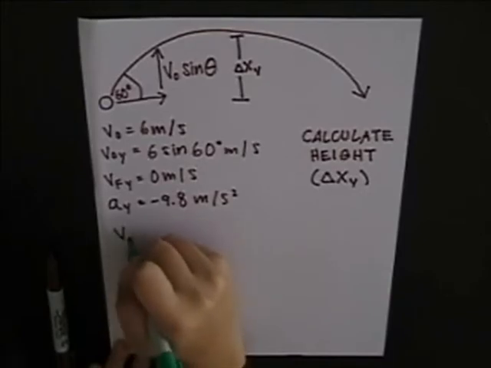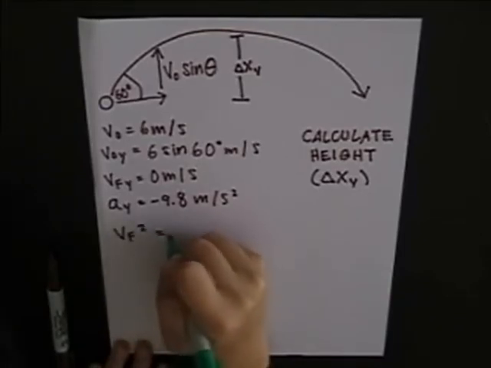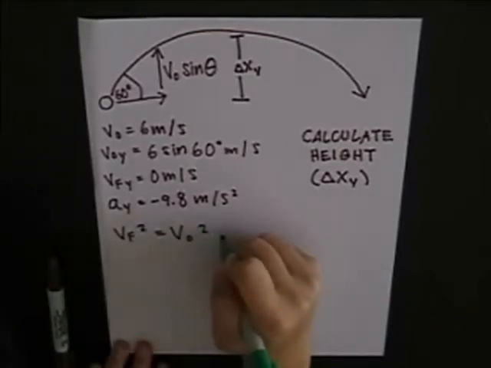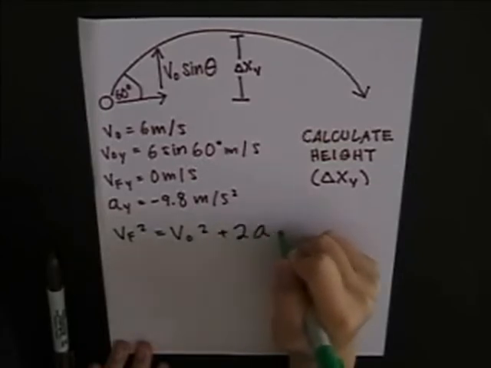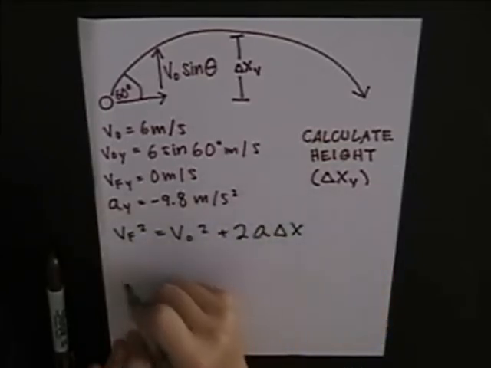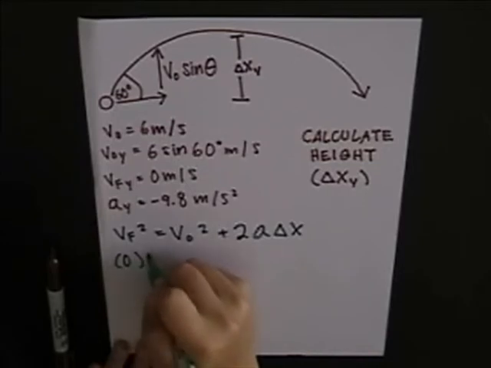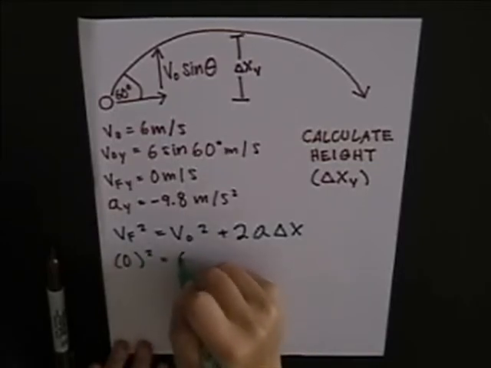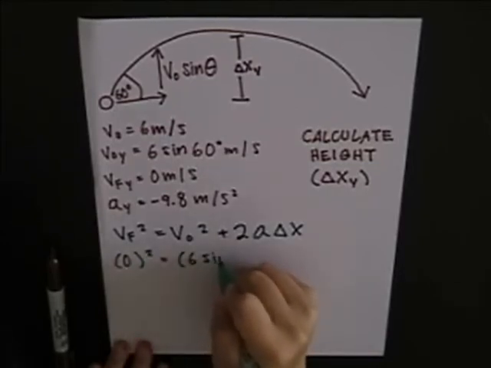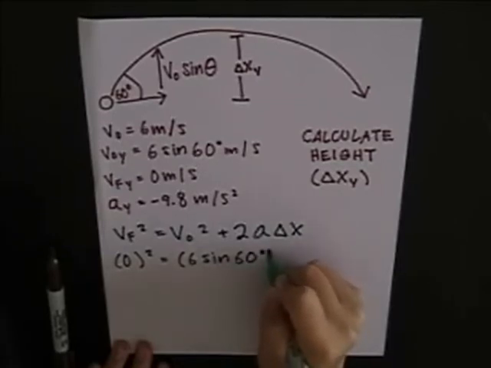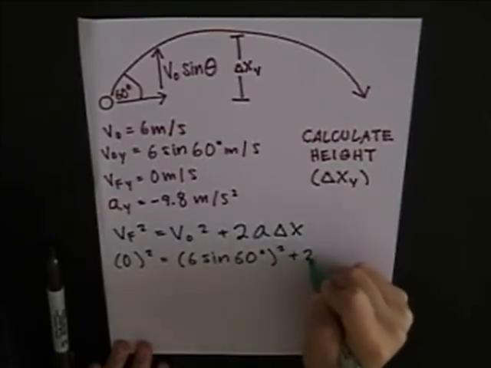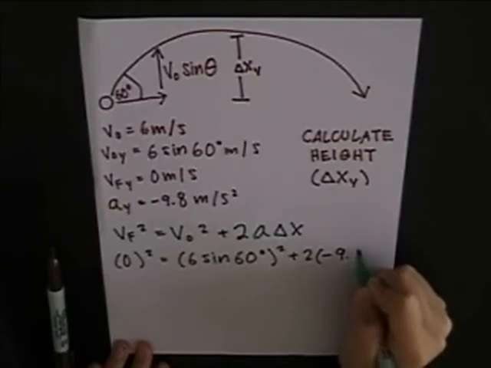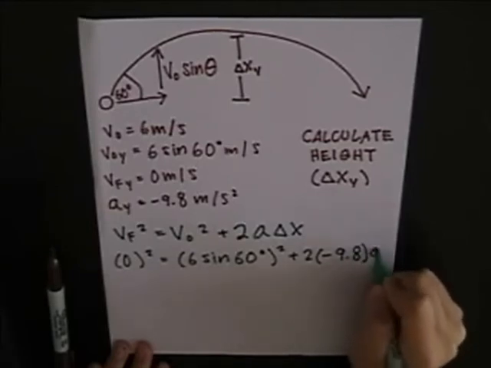First, start with our equation. V final squared equals v initial squared plus 2a times delta x. Now, plug in the variables you know. 0 squared equals 6 times sine 60 squared plus 2 times negative 9.8 times delta x in the y.